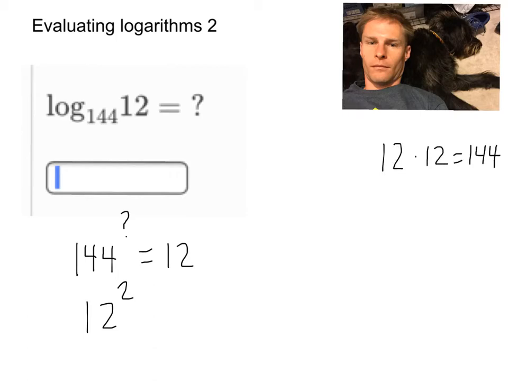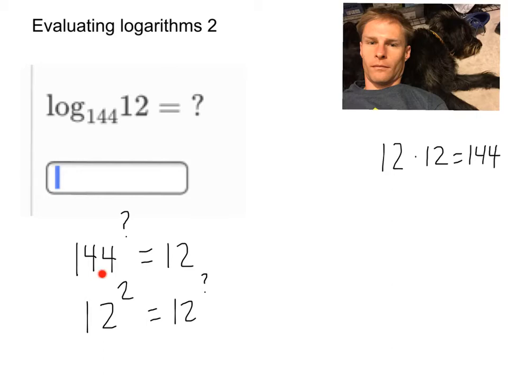And so what we're saying is 12 squared equals 12 to what power? Well, clearly, we need to take the square root of 144. That's what we're saying, right? So we're saying 144 raised to some power will give us the square root of this, right?